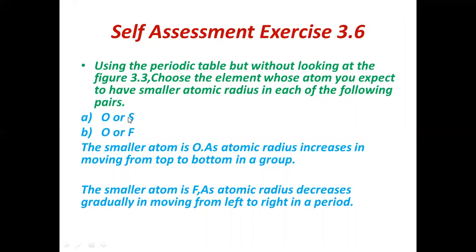So in the first case, the smaller atom is oxygen because atomic radius increases in moving from top to bottom. In the second case, fluorine has smaller atomic radius as atomic radius decreases gradually moving from left to right in a period.